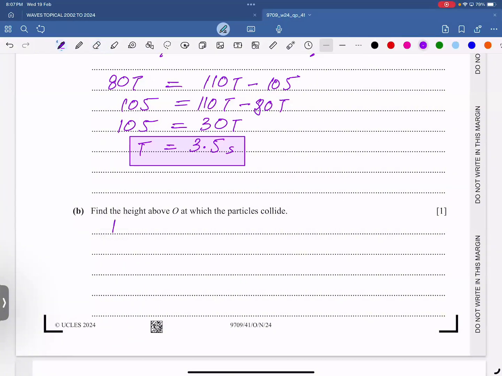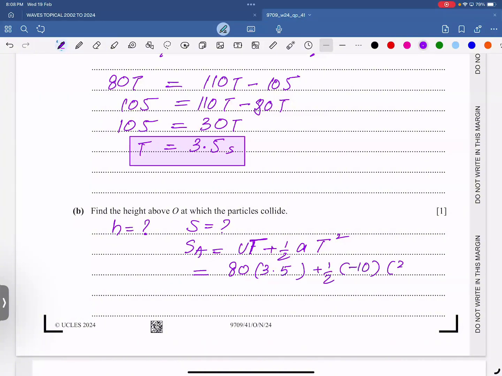Height actually means what is S? I'm using S for A is ut plus half at square. So u was 80, times 3.5, plus half times negative 10 times 3.5 square. It's just one mark, simple. You can calculate.